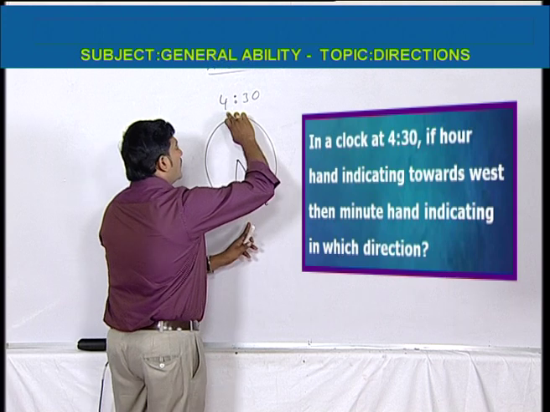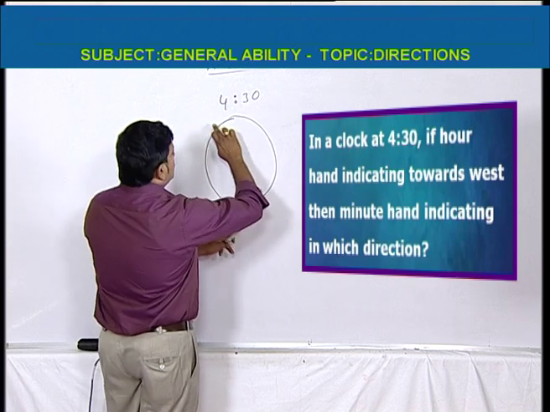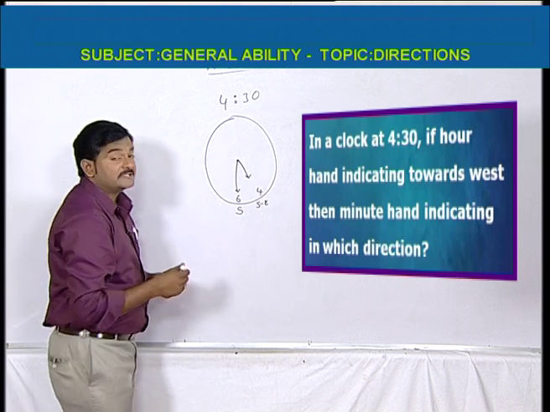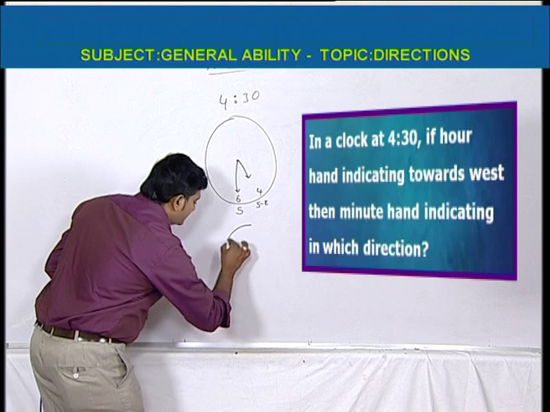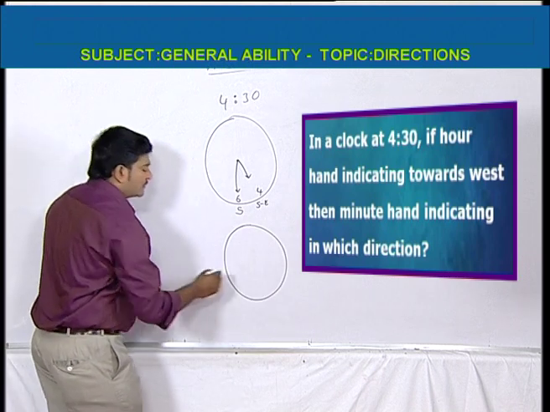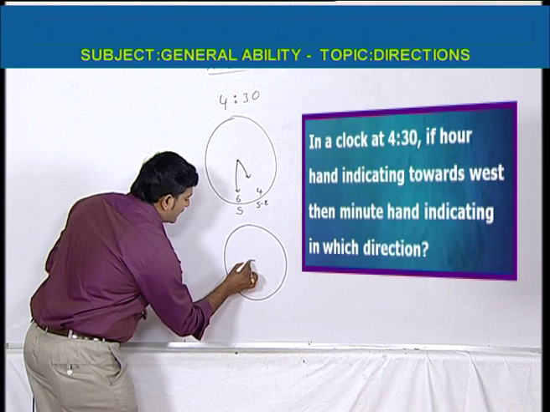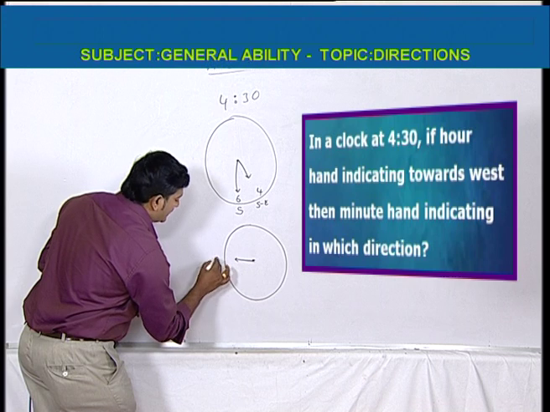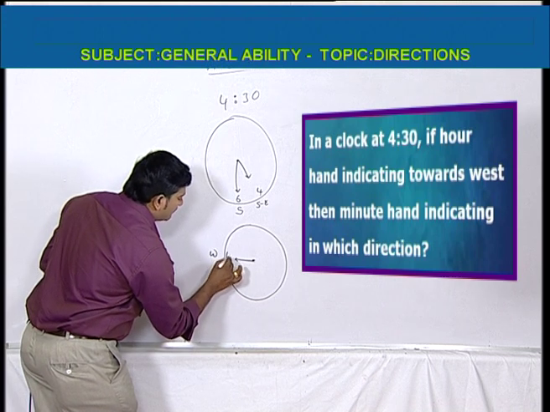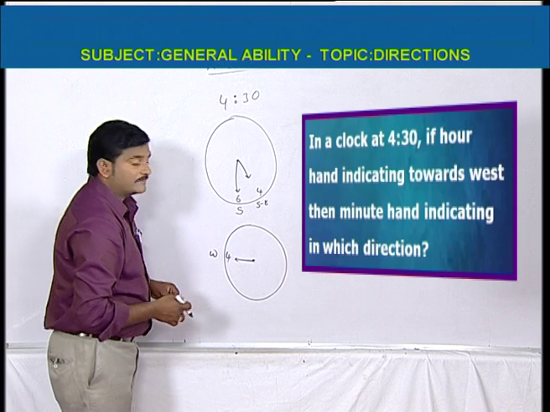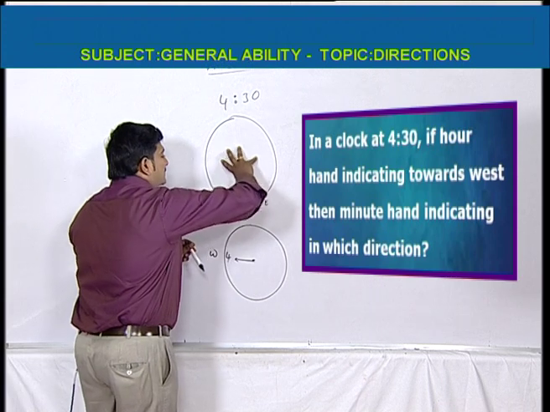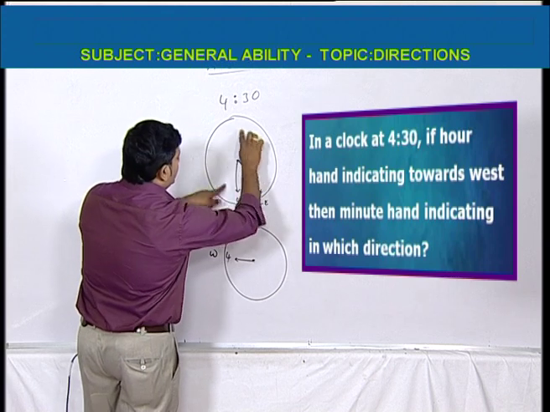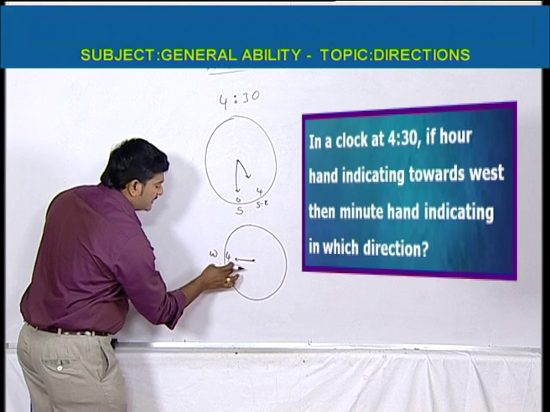So now we have to rotate this clock in such a way that the hour hand indicates the west direction. Simply we have to rotate the given clock. Think that I am rotating this clock so that the hour hand is indicating west.